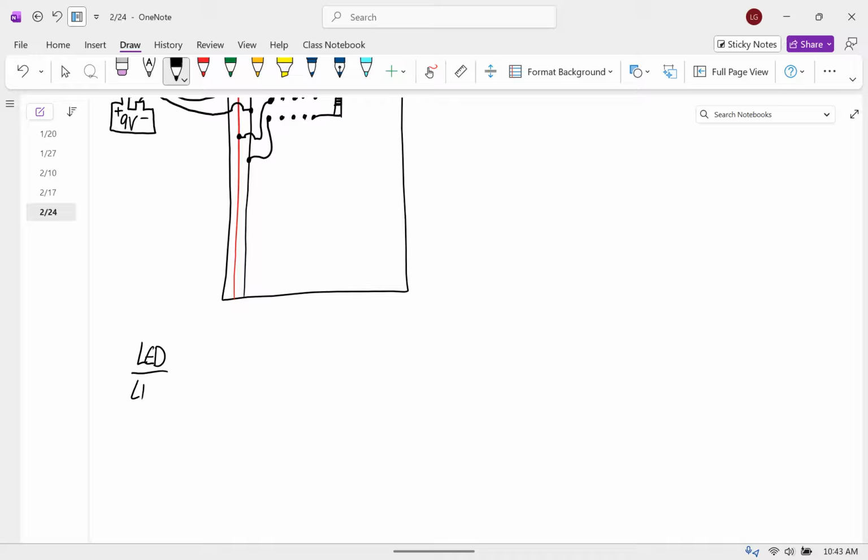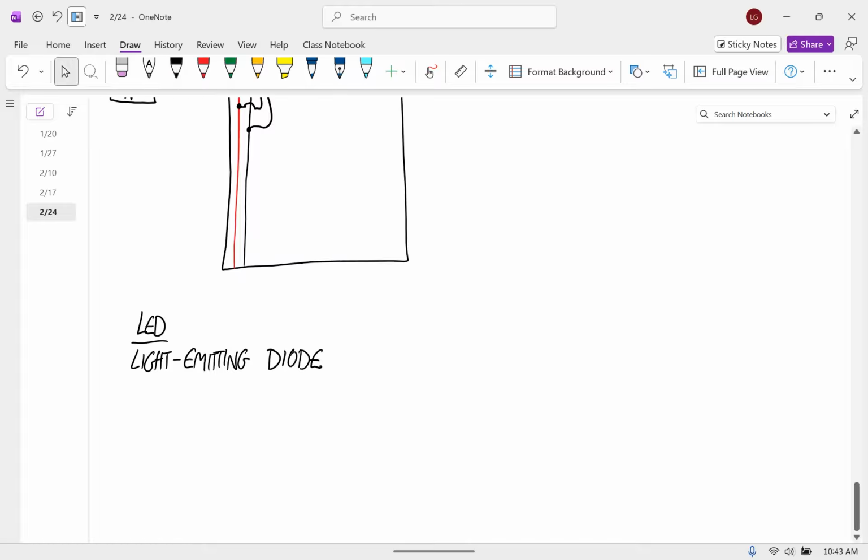It stands for light emitting diode. And light emitting, obviously, you know what that means. The diode part means that current can only flow in one direction.